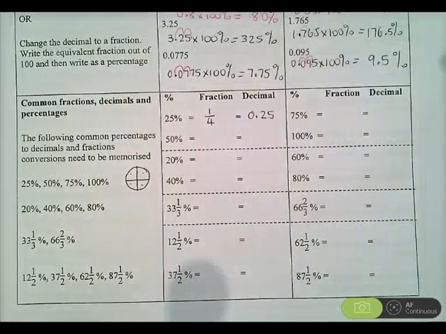Okay? So we've got 25%, 50%, 75%, 100%. Now 25% really is just 25 over 100 or a quarter. Okay? Now as a decimal, remember 25% means 25 over 100, which is 0.25.